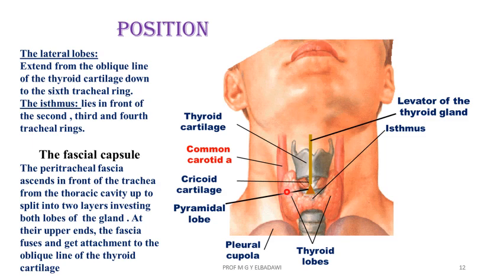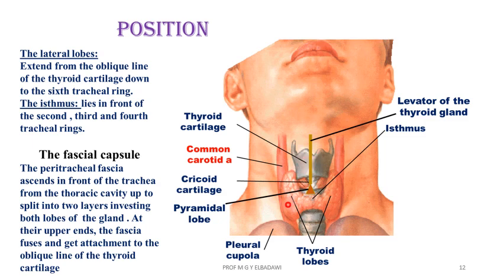It will split into two layers, enveloping the gland, to unite at the upper pole of each lobe and get attached to the oblique line of the thyroid cartilage. Extension from that fascia can reach up to the body of the hyoid bone, but the main attachment is to the oblique line of the thyroid cartilage.